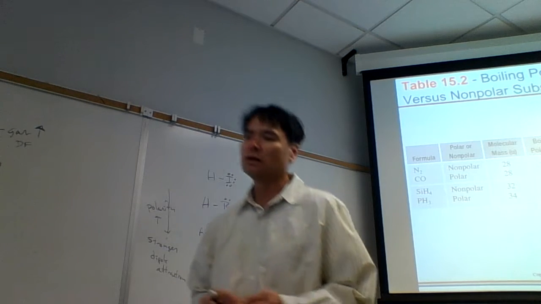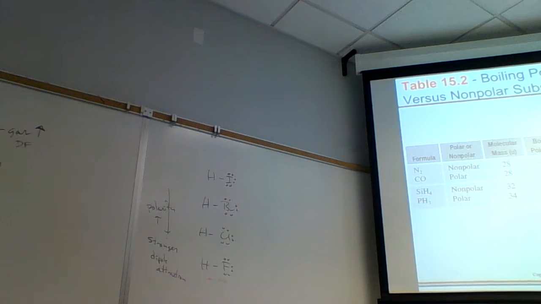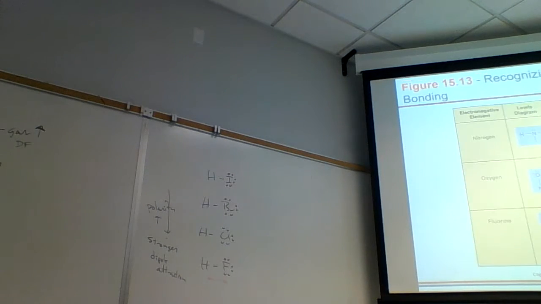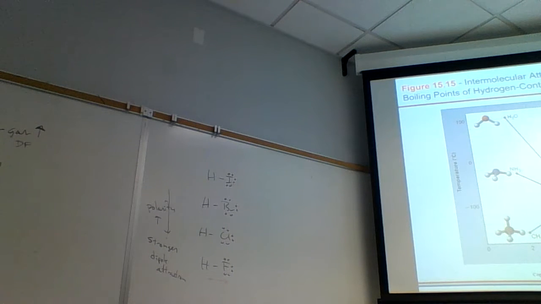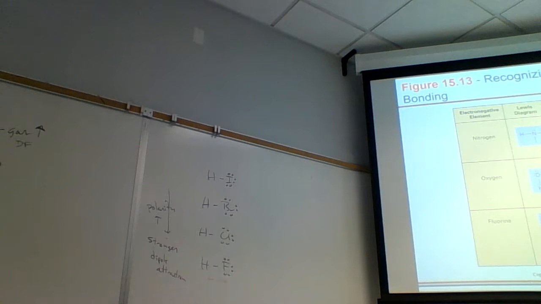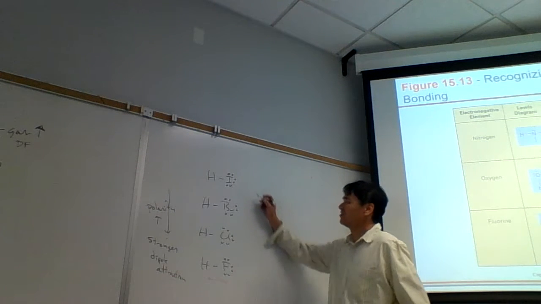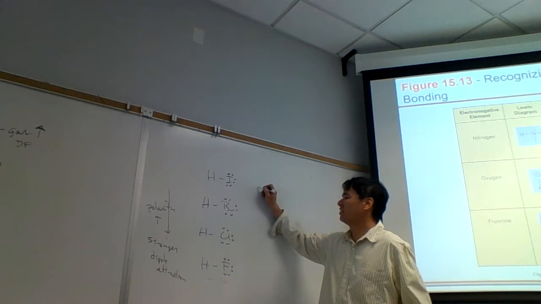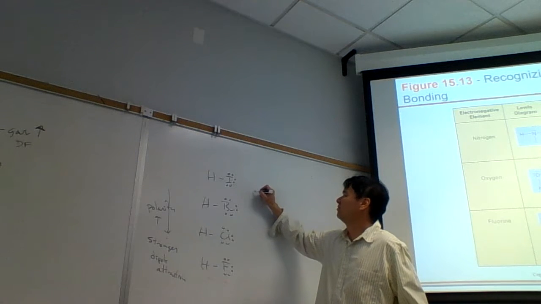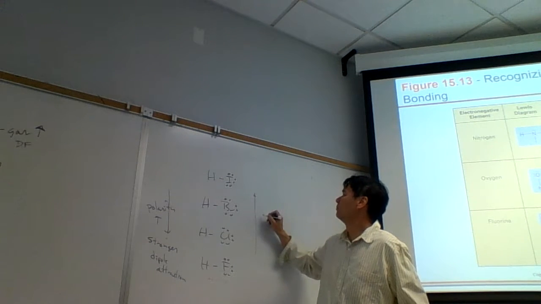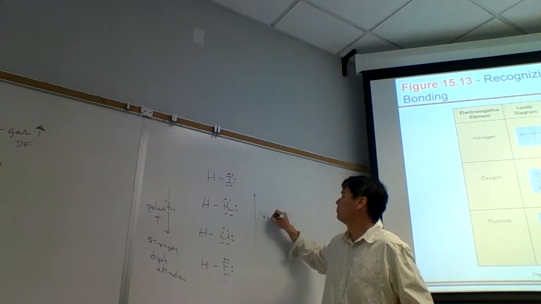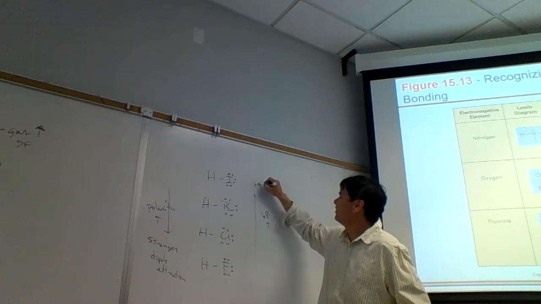And so let's take a look at the data. What the data shows is that the species with the highest boiling point is HI. So the boiling point increases this way, and the highest boiling point is HI.